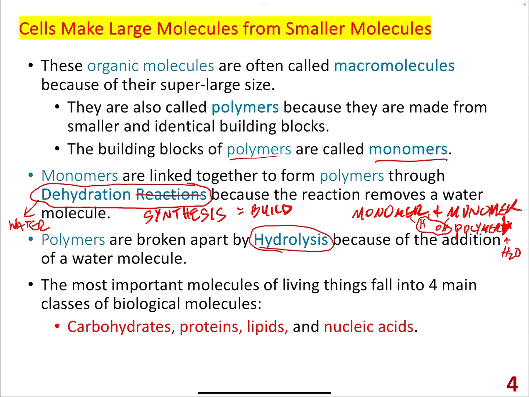If you look at this next one here, in order to break apart this polymer, you are going to go in the reverse. So write it out in this equation.